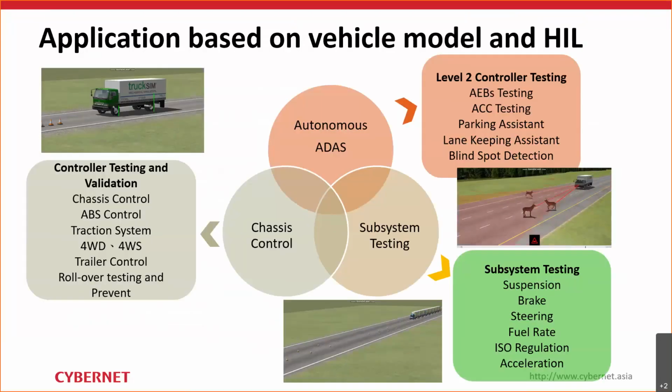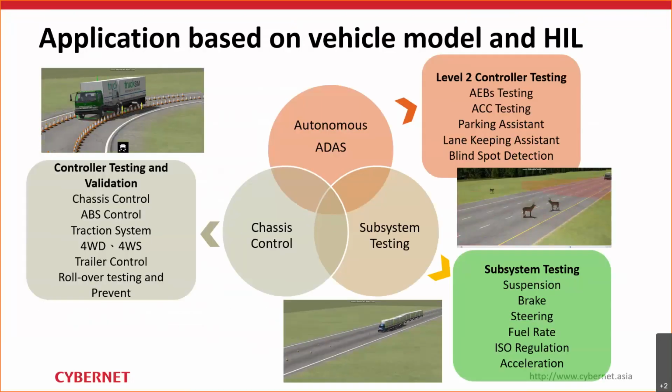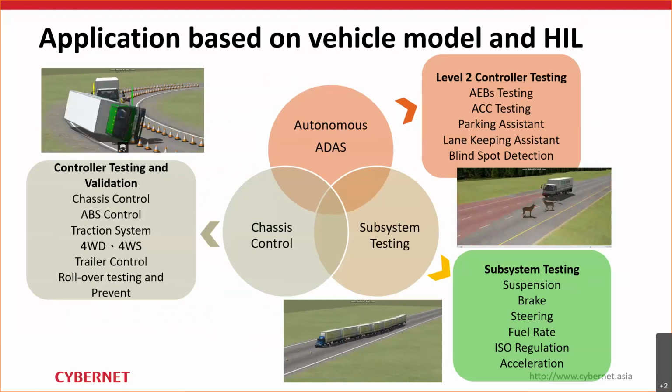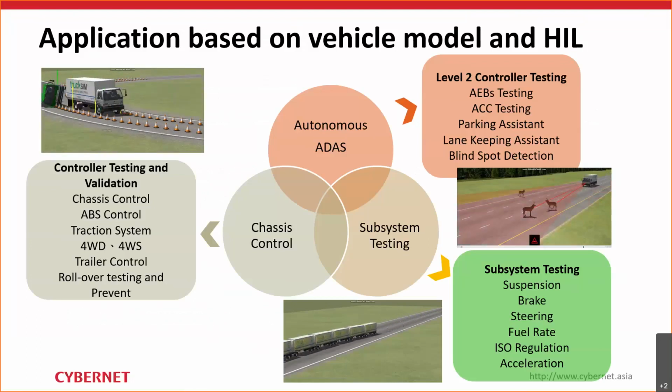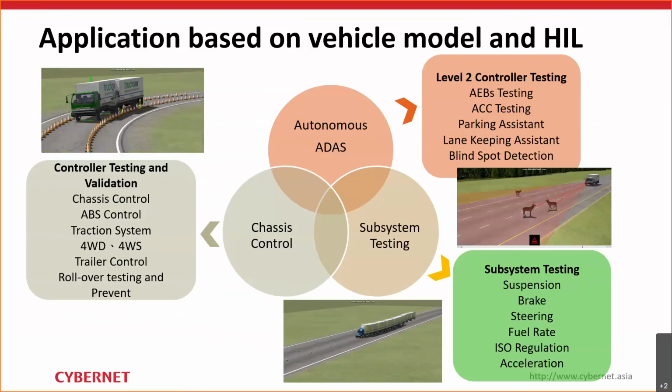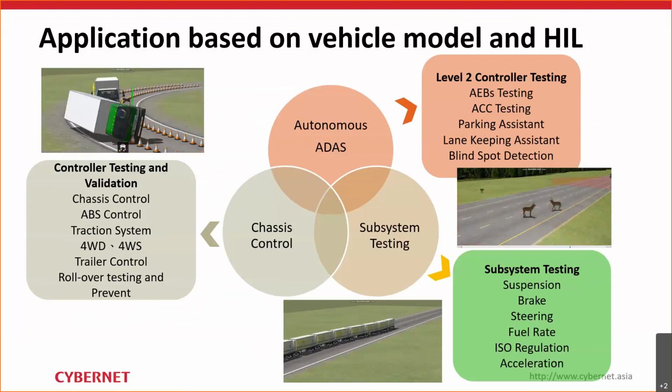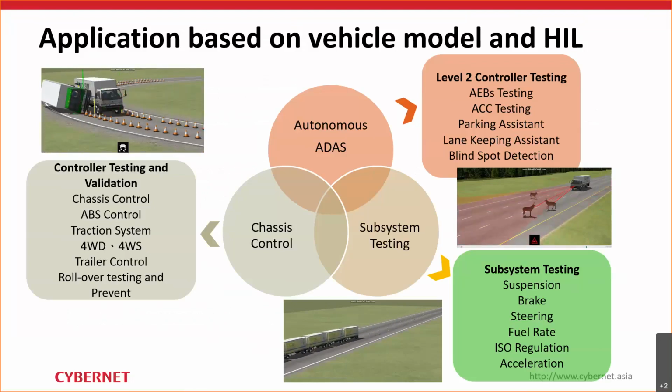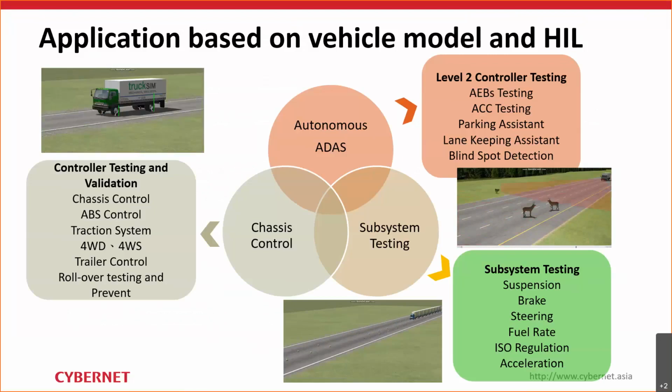With the HIL testing, we can use a simulation tool for different kinds of application fields. We can develop autonomous vehicles by testing with ADAS controller via HIL method. With CarSim RT and the sensor module, we can develop not only ADAS but also autonomous controller.